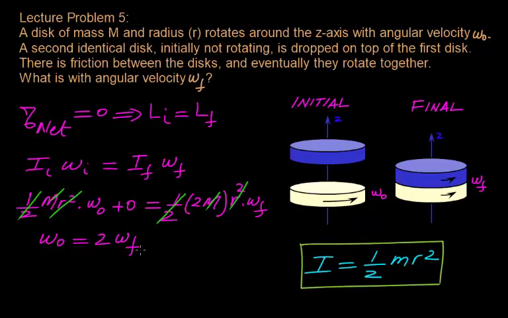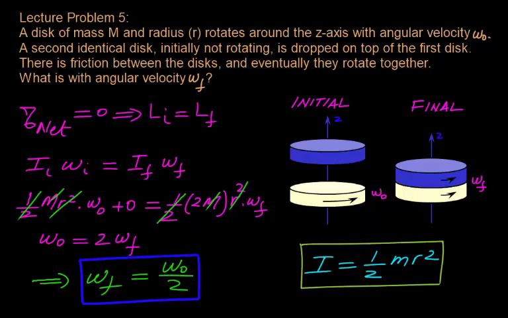Isolating omega final, we find omega final equals omega 0 divided by 2, which means that the two disks, after the collision, are going to move slower, with an angular velocity half the original one.